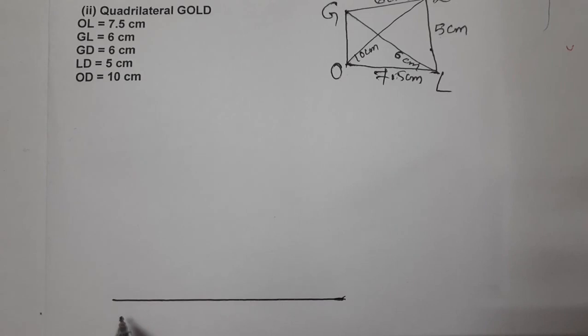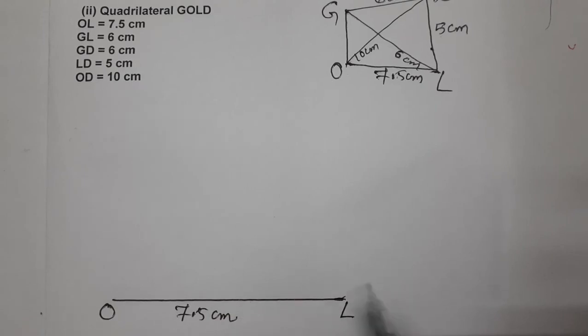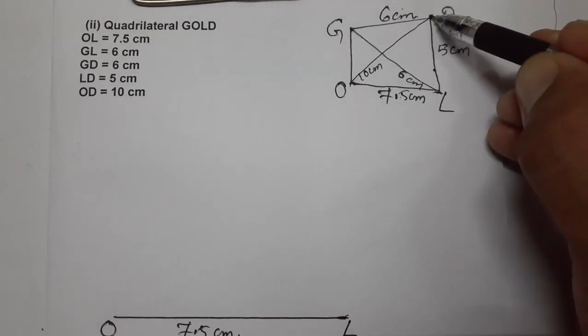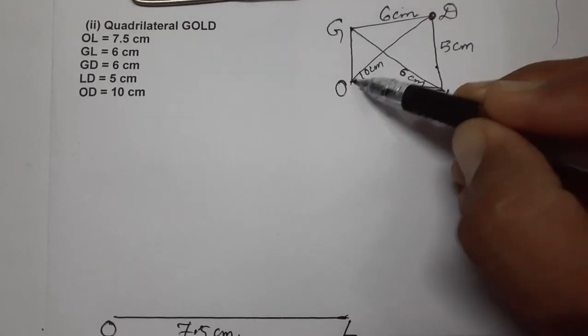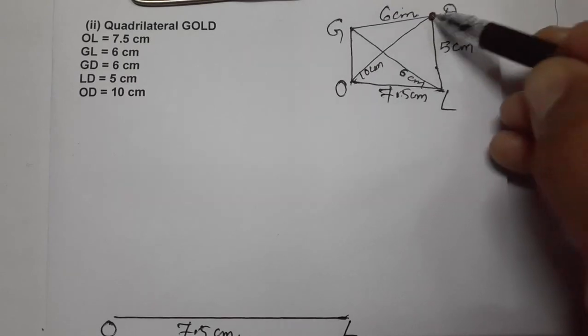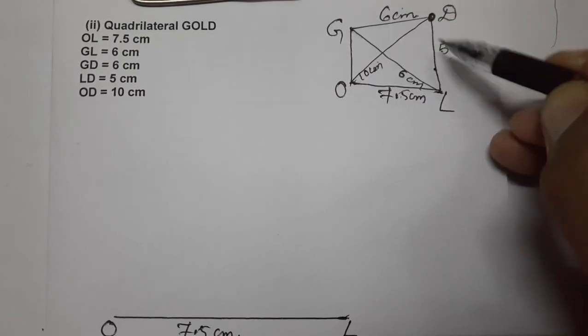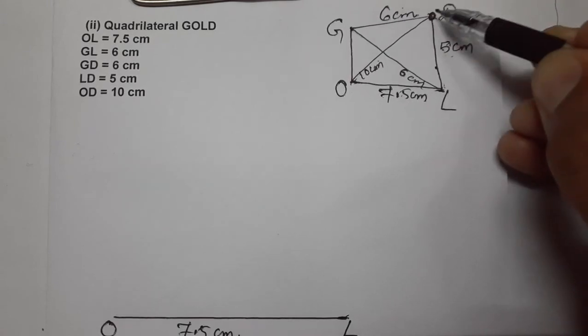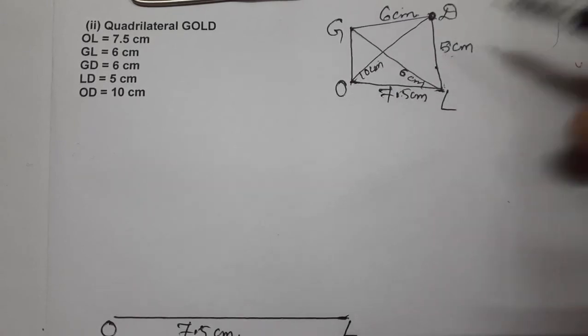Name it OL, O and L, 7.5 centimeter. Now children, what will be our first point? Our first point is D. We have to draw D first of all. OD 10 and LD 5. We have to make O to D 10 and L to D 5. First point is D.